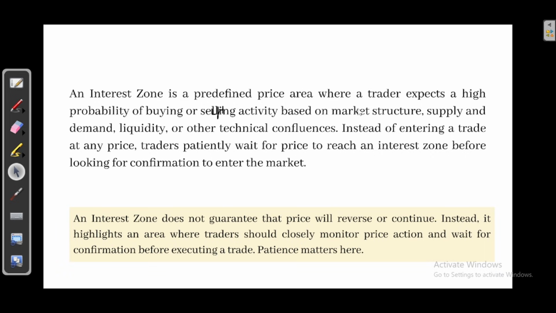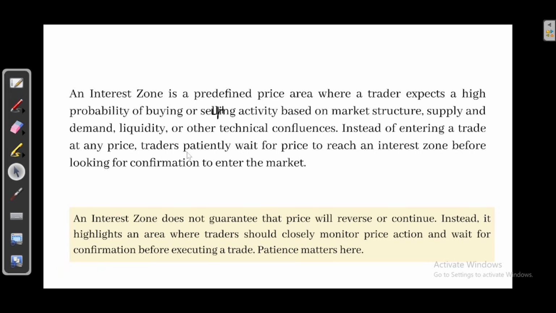It's the information that you derive from the market structure on higher time frame that will tell you, okay, this is where the supply zone is, this is where the demand zone is. And I said our supply and demand zone are interest zone, right? Supply and demand, liquidity, or other technical confluences.